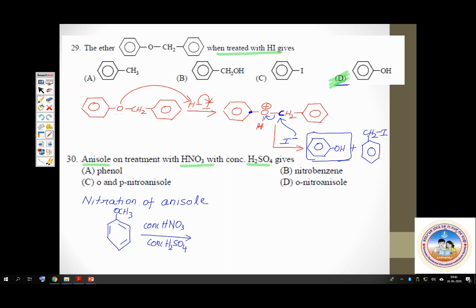That is ortho nitroanisole, OCH3 with the nitro group at the ortho position, and para nitroanisole. So the correct answer is option C, ortho and para nitroanisole.